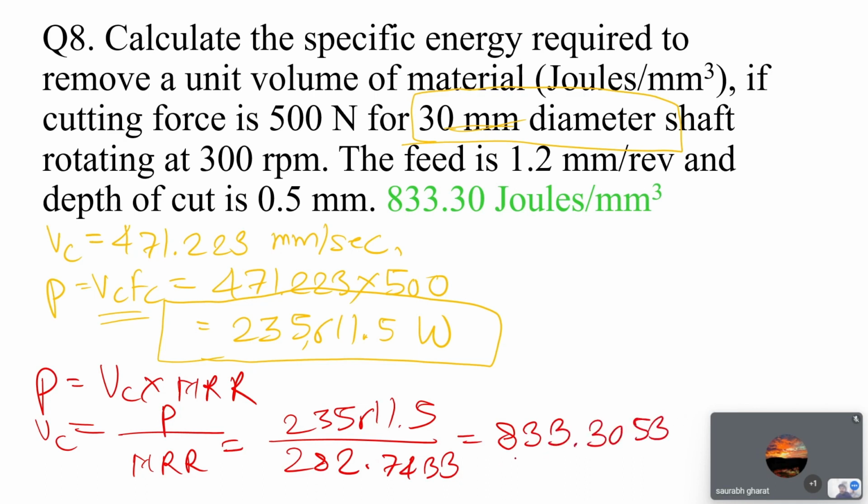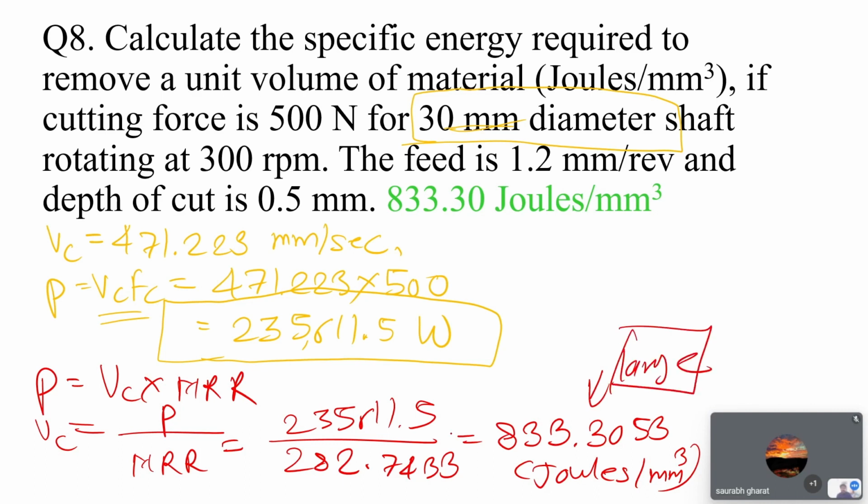Okay, and the unit is mentioned, joules per millimeter cube. Okay, because everything is large, this might become so. So your UC answer here is 833.3053.